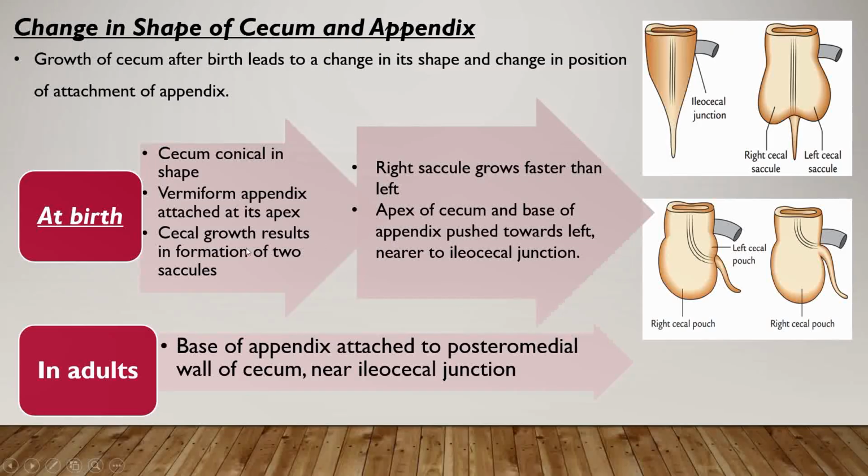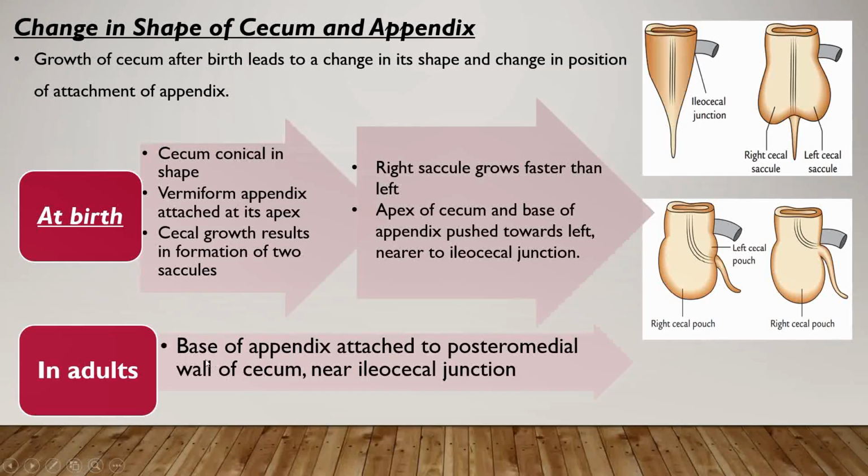Now the cecum will grow and it will result in the formation of two saccules. You can see there are two saccules formed, but at the same time, among these two saccules, the right saccule will grow faster than the left saccule, and the apex of this cecum, where the appendix is attached, is pushed towards the left, near the ileocecal junction.